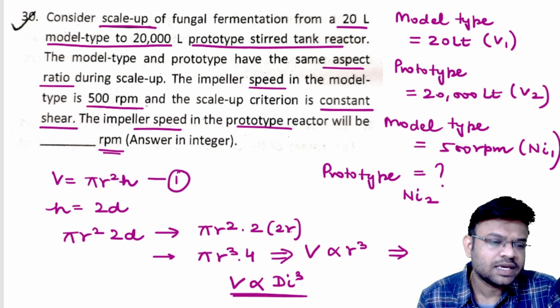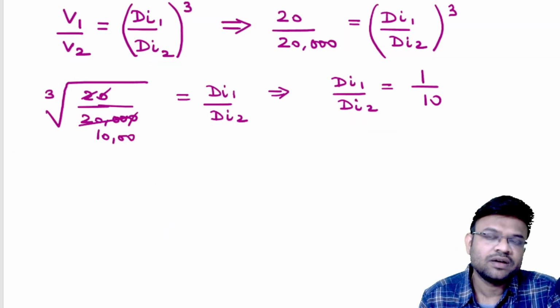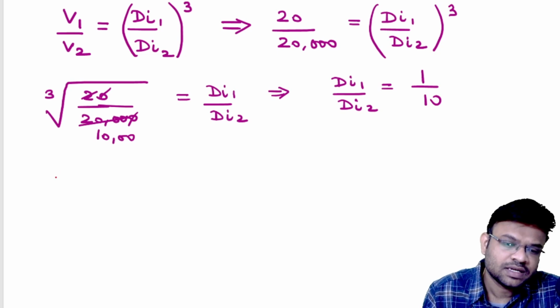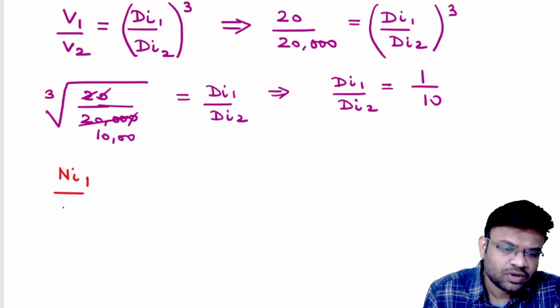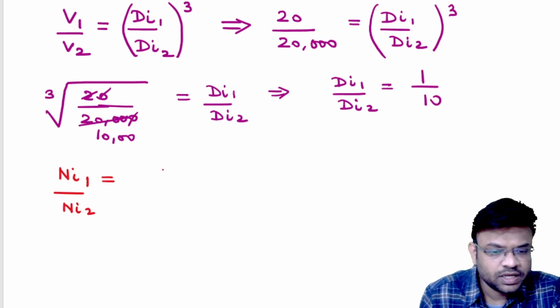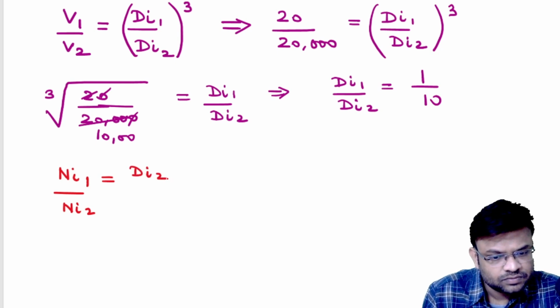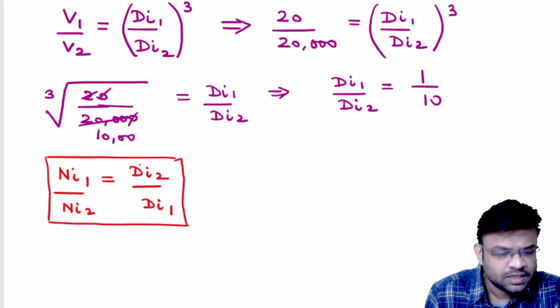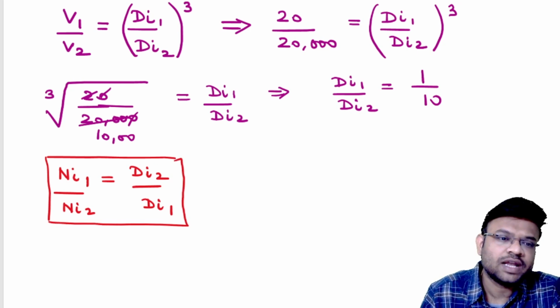So the general formula for constant impeller tip speed is Ni1 upon Ni2 is equal to di2 upon di1. This is the scaling up formula. I'm just putting my values over here.